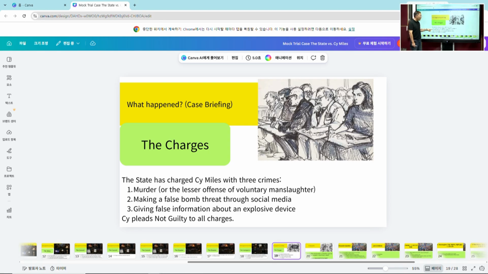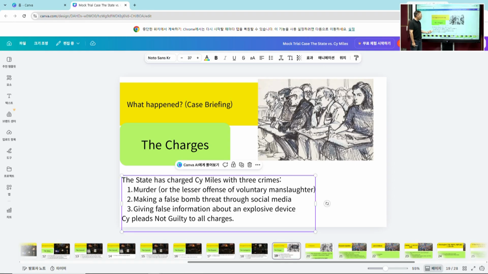Police officers believe that Cy Miles made fake news and spread it through SNS. Third, giving false information about an explosive device. Police officers believe Cy Miles gave false information about the pyrotechnic device, so he made it go off earlier than the concert. So Cy is charged with these three crimes.